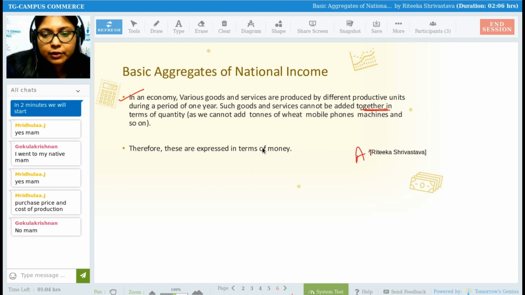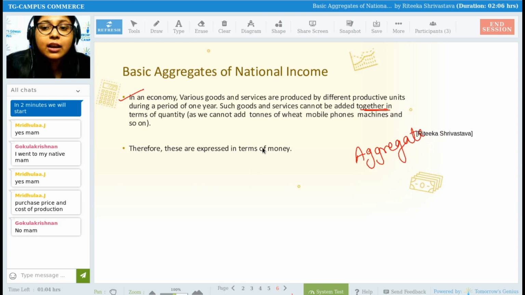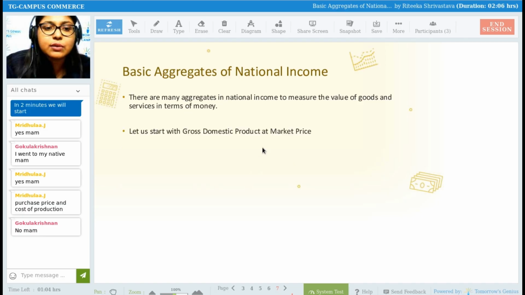That is why we call them aggregate. We can't categorize the units of each and every good and service. So we will make them one unit, one term, and name it aggregate. They are expressed in terms of money, and that is why we call them aggregate.